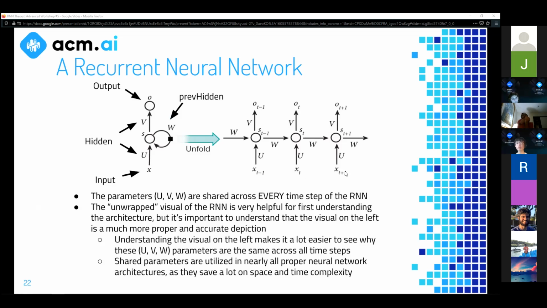It can handle inputs that are shorter, and it will just produce a shorter output. It can also handle inputs that are longer, and it'll produce a longer output. So that's why RNNs are different from CNNs or vanilla neural networks in that they can handle varying input sizes and produce varying output sizes.